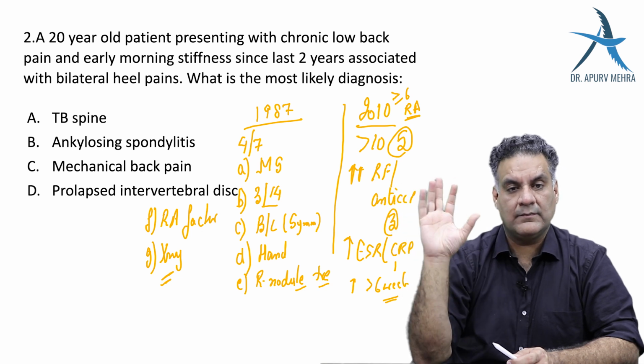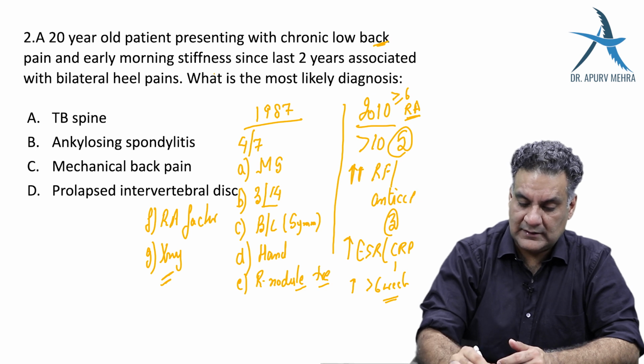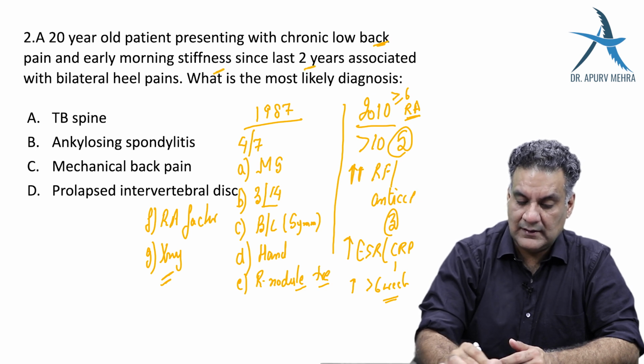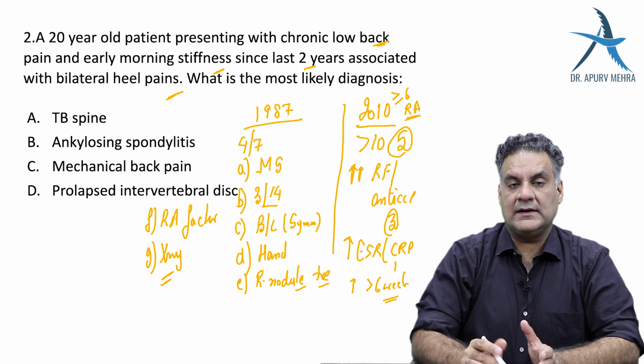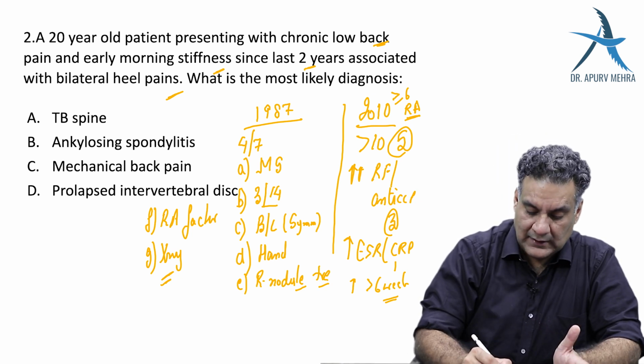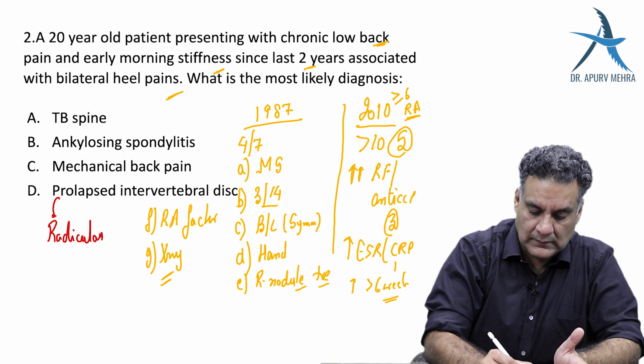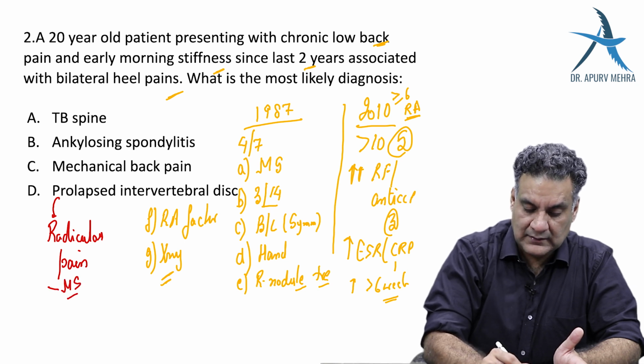Let's look at this question. 20-year-old man, low backache, morning stiffness, last 2 years with heel pain. Let's look at the options we have. Disc prolapse. It doesn't look like a possibility because here you should have radicular pain and they usually don't have morning stiffness. Same with back pains, the mechanical back pains.